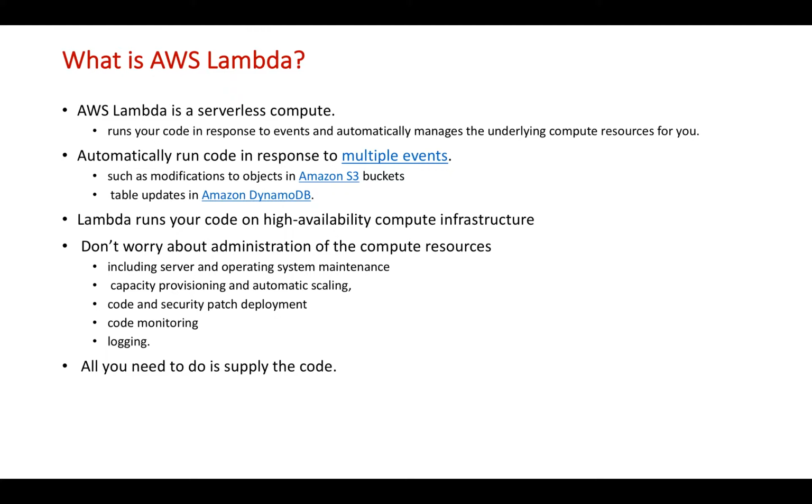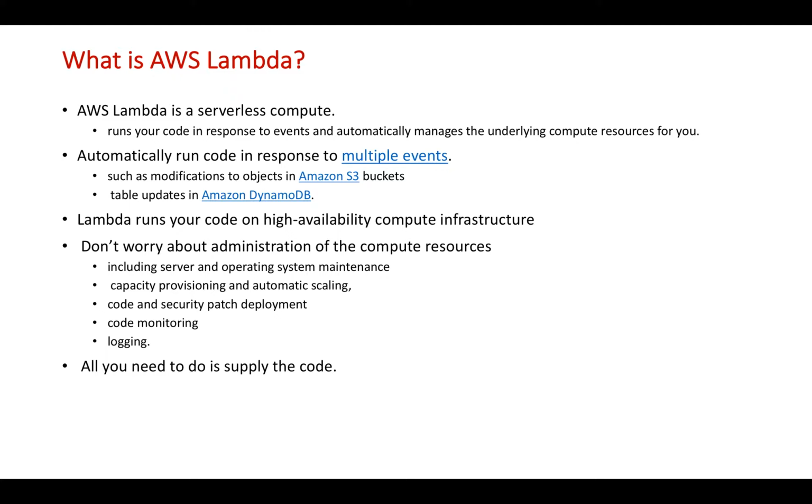We will cover that. Lambda runs your code on highly available compute infrastructure. So basically, you don't have to worry about managing the server or capacity, provisioning, scaling, or patching, security management, nothing. Everything will be taken care of by the AWS Lambda service.